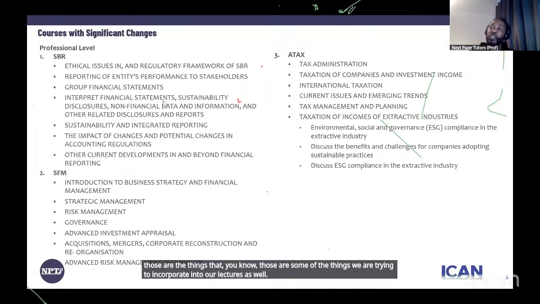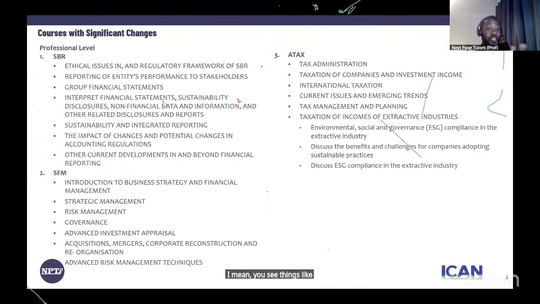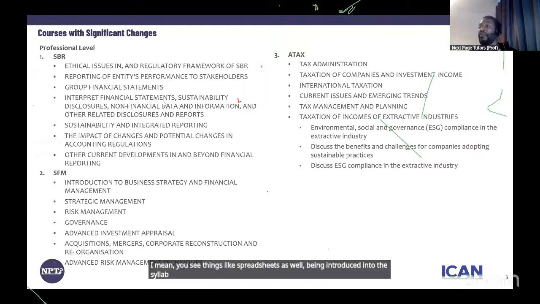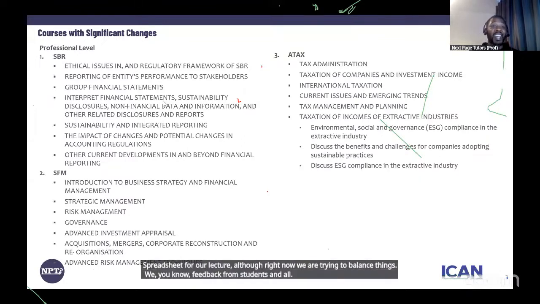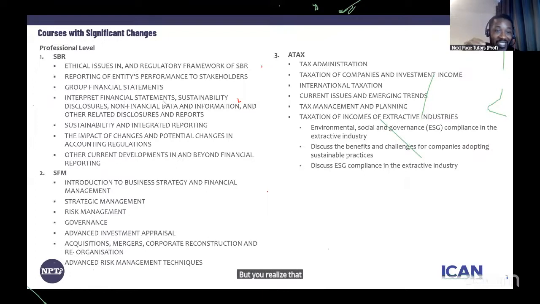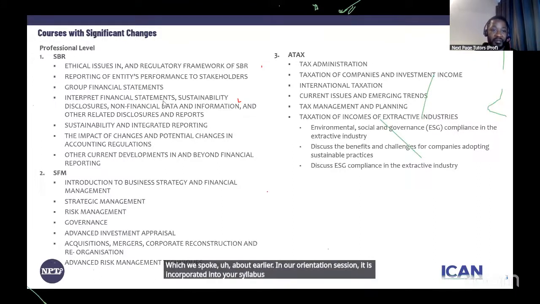You see things like spreadsheet being introduced into the syllabus. We have always used spreadsheet for our lectures, although right now we are trying to balance things, with feedback from students and all. But you realize that spreadsheet is now part of the syllabus. Apart from the fact that they are trying to introduce CBE, which we spoke about earlier in our orientation session, it is incorporated into your syllabus right now.